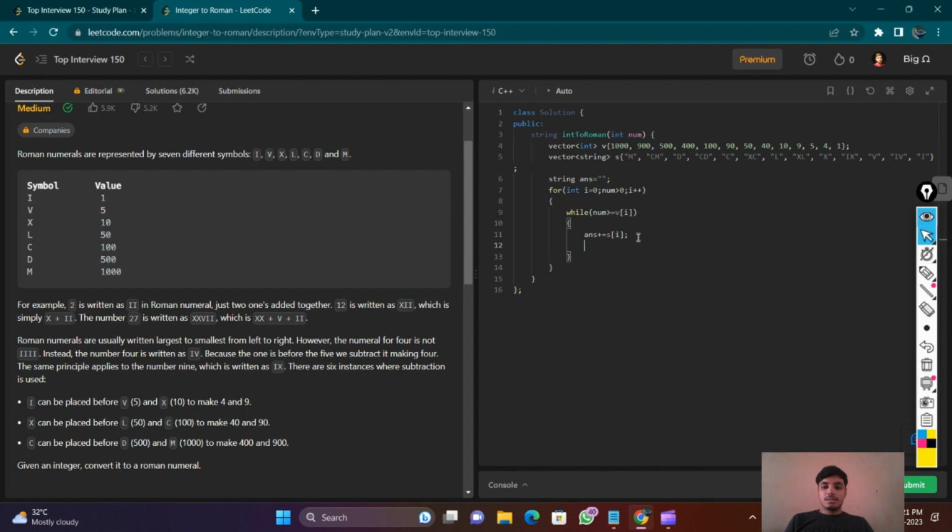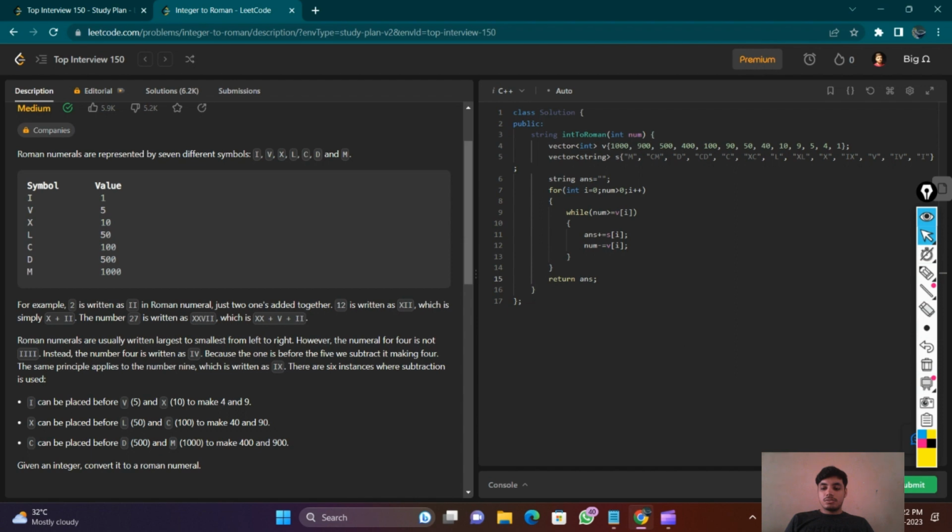Now we have to decrease num by that value, so num minus equals v[i]. This is going to work for all the conditions because we have included all the scenarios. Now let's return ans.